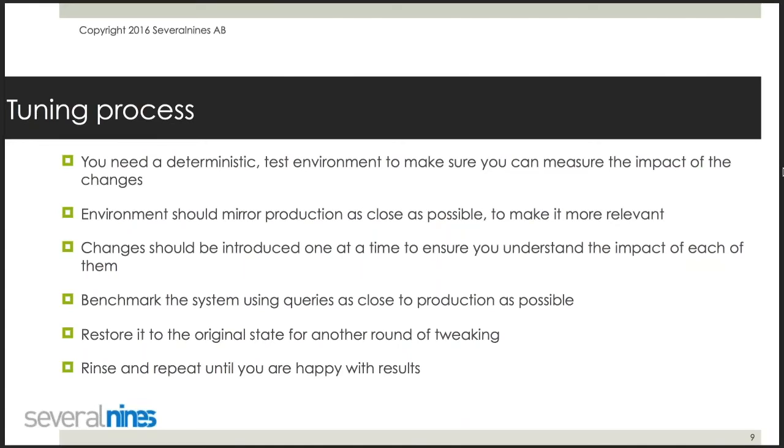Because let's say that you cut some corners, you tweaked like three settings in my.cnf, and then you run benchmarks, and you see a nice increase in the performance, and you're happy. But then the question is, maybe out of those three changes, only one pushed you forward, and the two remaining are decreasing the performance.